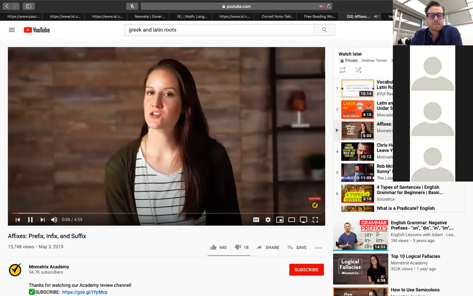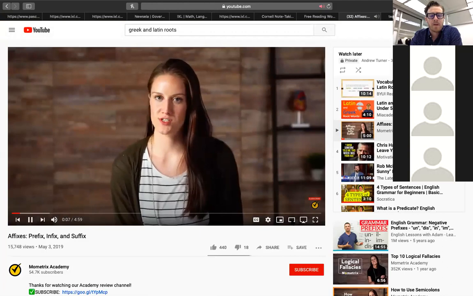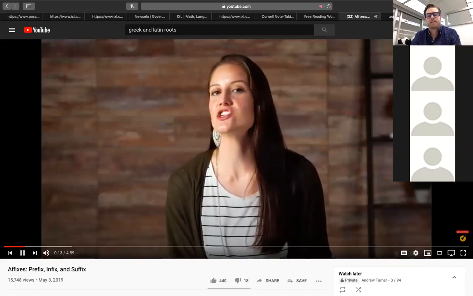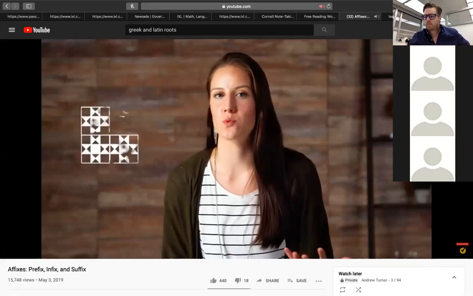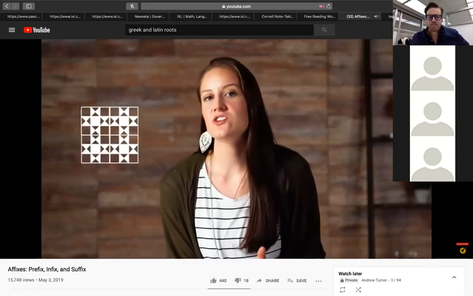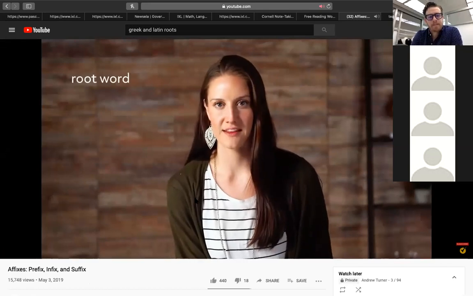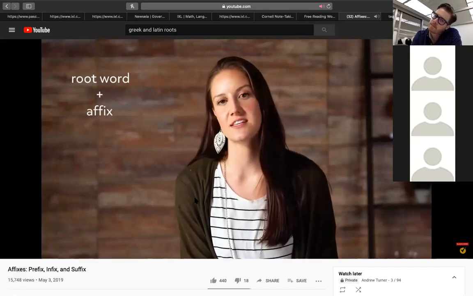One way to better understand the meaning behind words is to look at the different parts of each word and understand each part's meaning separately, like squares in a patchwork quilt. Many English words are made by taking basic words and adding combinations to the beginning or end of the word to change the meaning. The basic word is called the root word, and the added portion is called the affix.